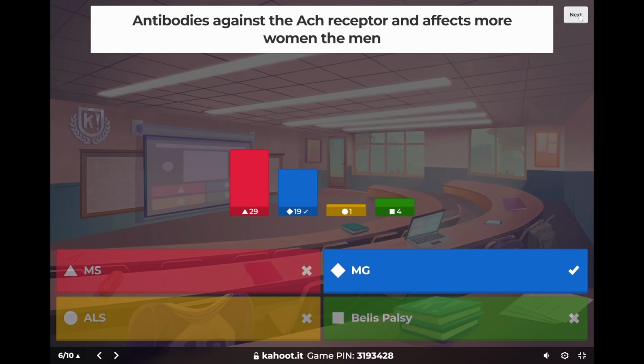Okay, multiple sclerosis. What is the key problem in multiple sclerosis? Stripping the myelin away. That's all it is. Nothing with acetylcholine receptors. So make sure you remember that neurotransmitter, the pre and the post, which ones attack the pre, which ones are in the middle, and which one attacks the post.